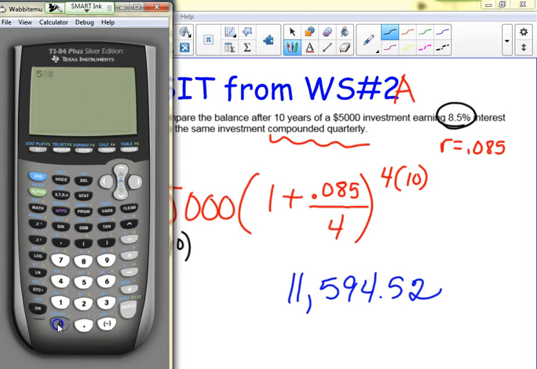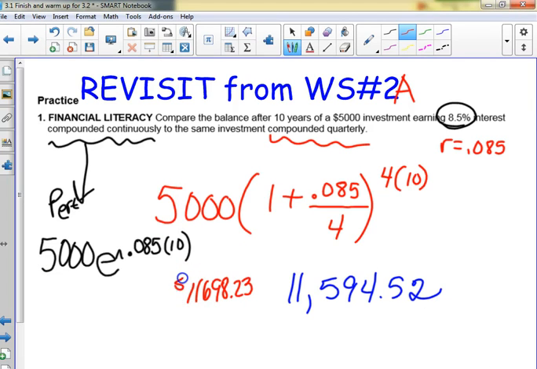So we had 5,000 second ln of 0.085 times 10. And we get a number a little bit more than this one. So continuous interest gets you a little more money after 10 years than compounded quarterly, okay? If you did compounded monthly or daily, it gets even closer to continuous. All right, does that revisit those two formulas a little bit for you?